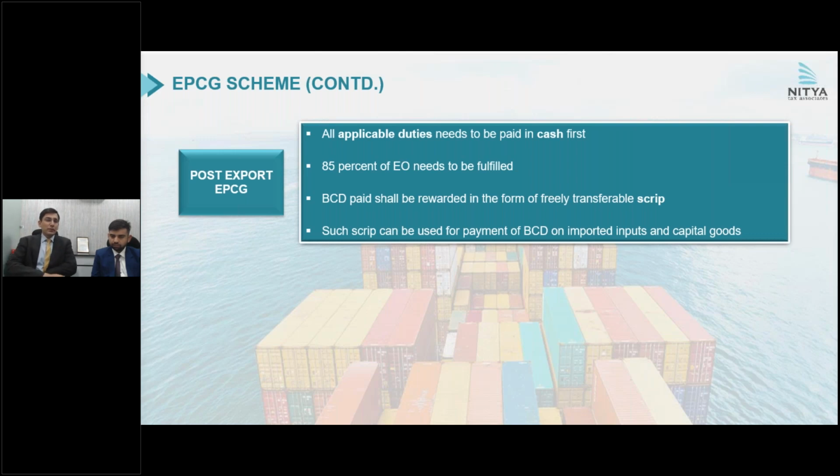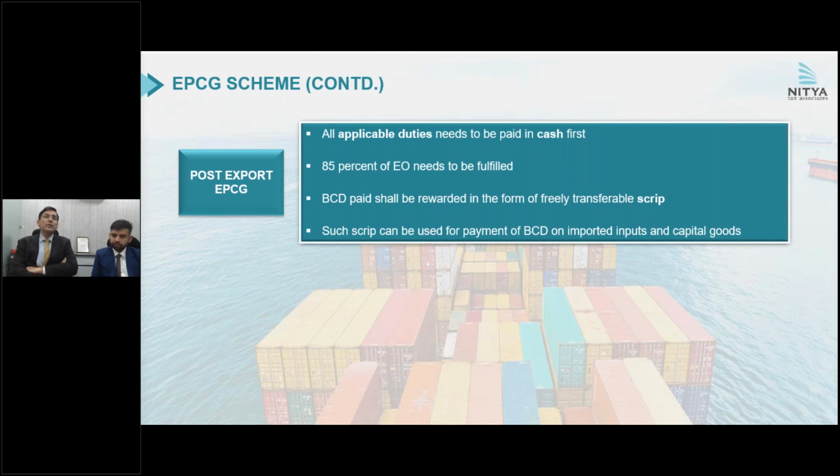Say for example, the duty saved was 100 and the export obligation should have been 6 times, 600. If you go for post-export EPCG, 85% means 510 is the export obligation. If you are able to undertake 510 of export obligation, then you will get a duty credit scrip of 100 rupees at the end of the export obligation period.